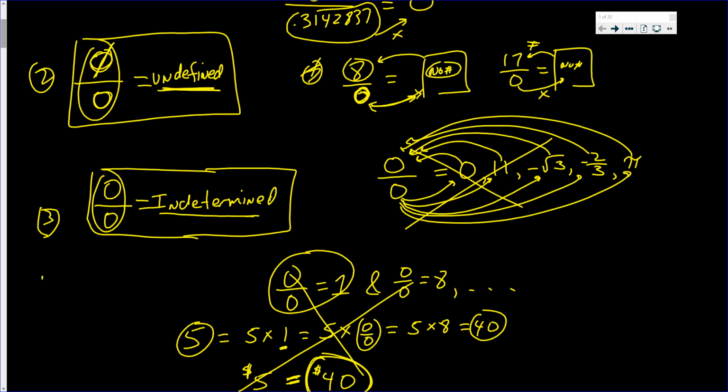And the fourth case is if you get something like 7 over 8, you're done, unless, that is, top and bottom are not 0, unless it can be reduced. If you have 7 over 8, you're done. If you have 12 over 8, you should say that's 3/2.